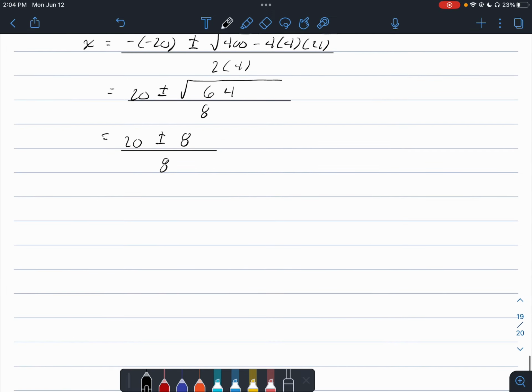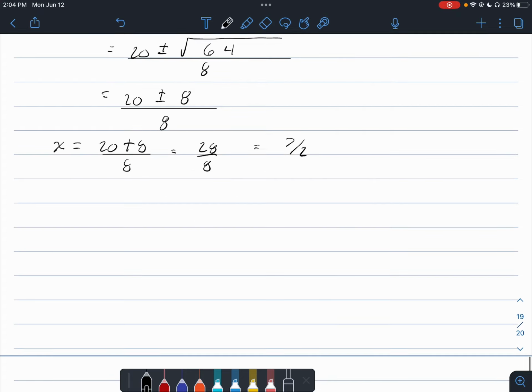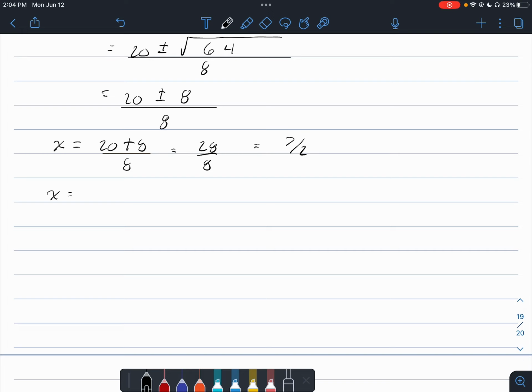So we have x is equal to 20 plus 8 over 8, which is just 28 over 8. And we can divide both of these by 4. So we'll end up with 7 over 2 here. And we also get that x is equal to 20 minus 8 over 8. In this case, we get 12 over 8, which just simplifies to 3 over 2.